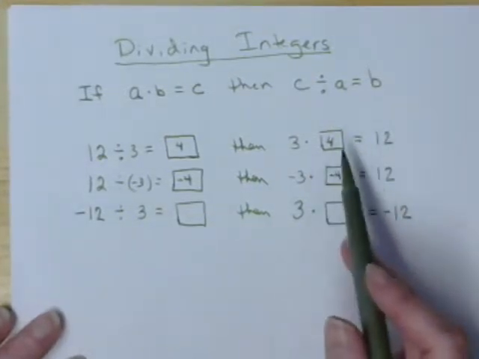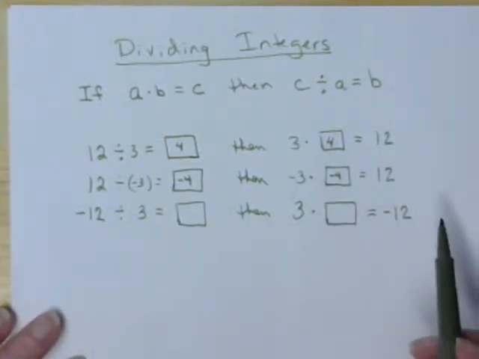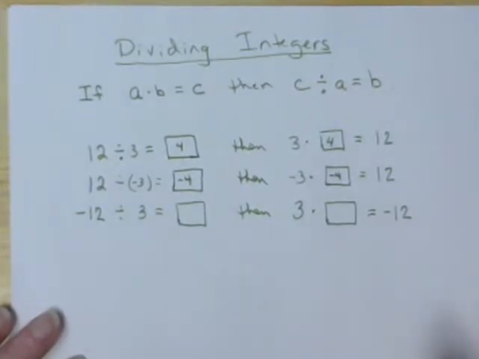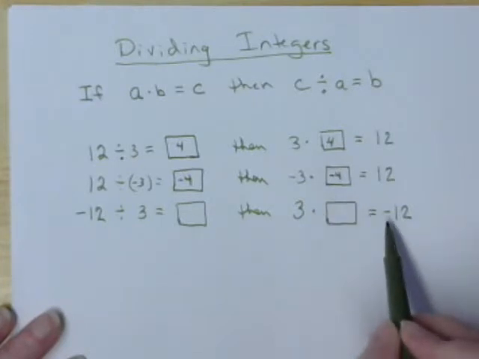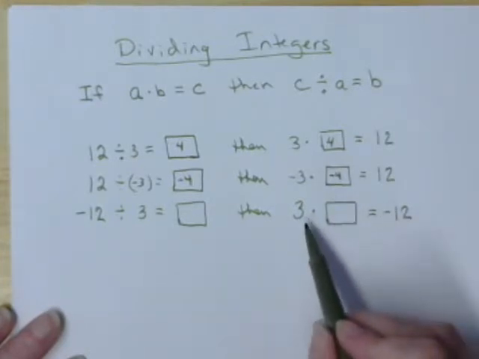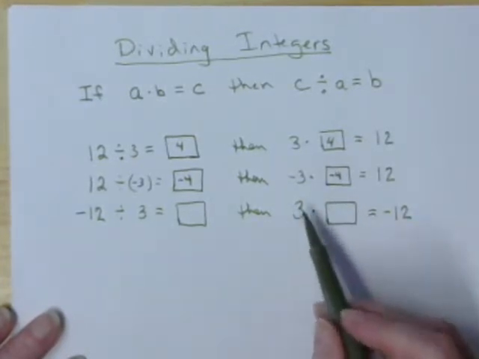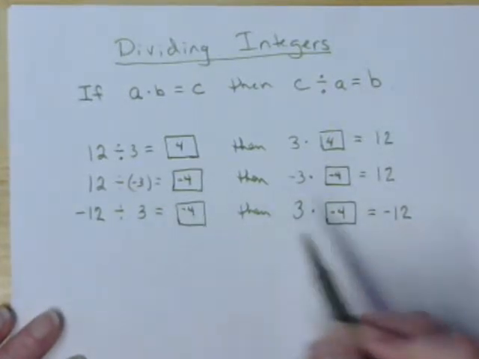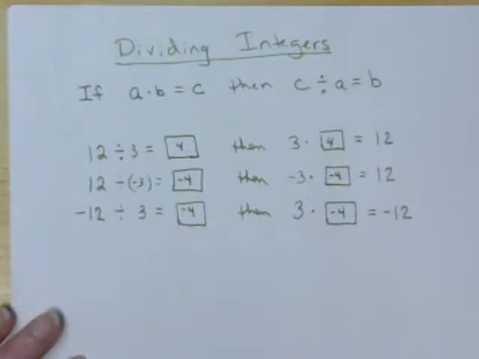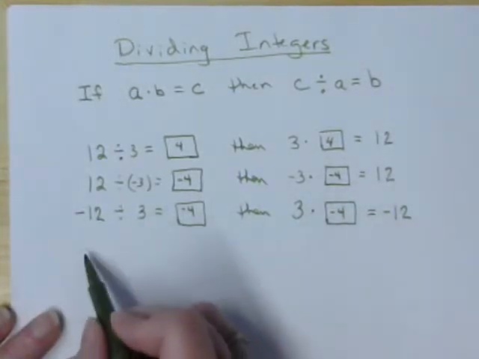We know it has to be a 4, since all of these are going to be 3 times 4. The thing we're trying to figure out is the rule for the signs. To get a negative product, one of the factors has to be negative, and since the 3 is positive, the 4 has to be the one that's negative. So we reverse it, and negative 12 divided by positive 3 is a negative 4.